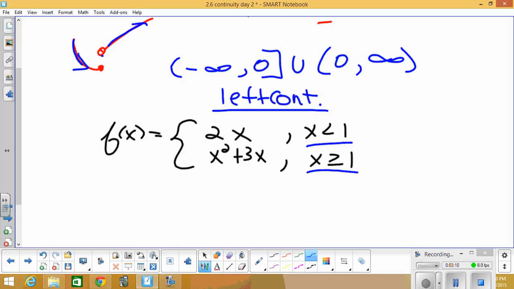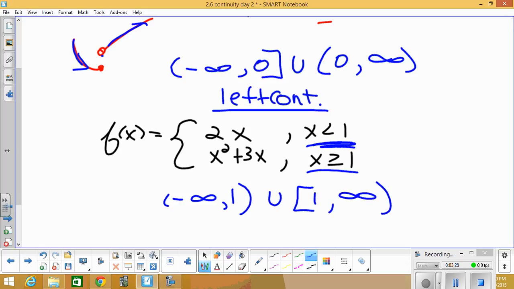Since this one is saying all values for x less than 1, I'm going from negative infinity to 1, but it is not included. And from the other one, I see that the 1 is included, and it's all values greater than or equal to 1, so I'm going on to infinity. I have a left endpoint, so if I'm coming from the graph in this direction, it is a right continuous function.